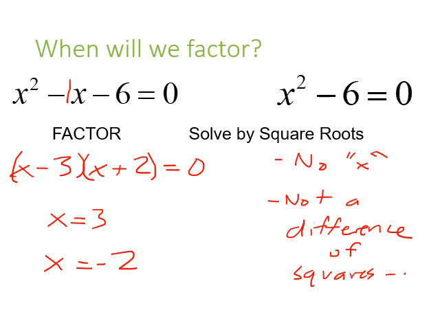Okay, 6 is not a perfect square. It is a difference, but it is not a difference of squares. There's no x term. It's not a trinomial, so I cannot factor this. It's going to change how I'm going to solve. I need to solve this one by taking the square root.